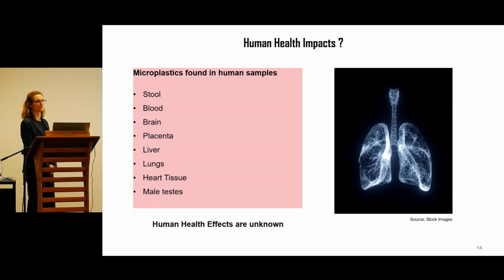There haven't been a lot of studies in terms of sampling from humans, but this is a list of some of the studies where samples have been taken from human tissue, organs, and microplastics have been found in stool and blood, human blood, the brain, placenta, liver, lungs, heart tissue, and reproductive organs. So they're just some examples, a very, very small number of studies that have been done.